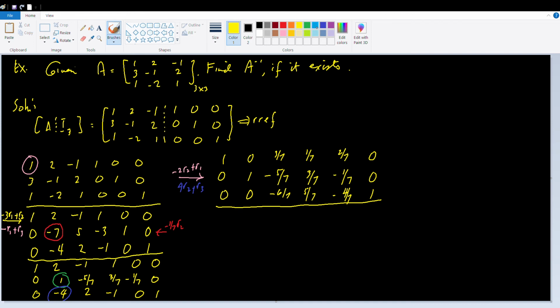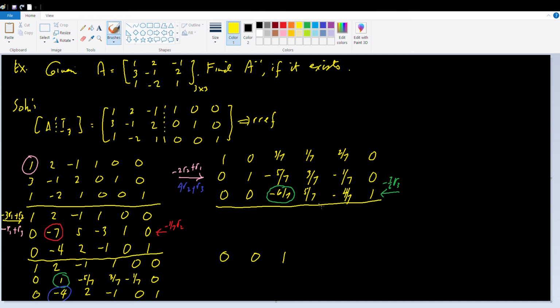So, we consider the first non-zero entry of the third row, negative 6 over 7. So what do we do here? We multiply row 3 by negative 7 over 6. Okay? To make it into a 1. So 0, 0, negative 6 over 7 times negative 7 over 6 is of course 1.